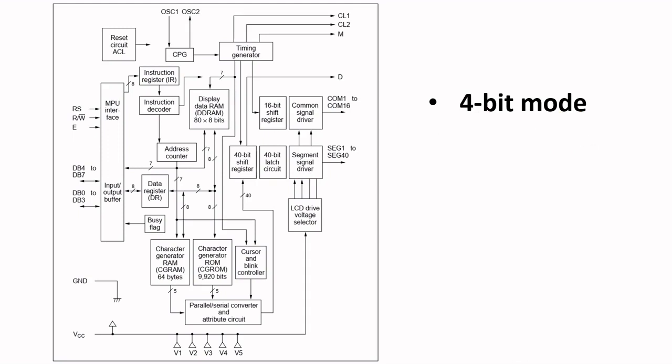In our case, we are operating in 4-bit mode, so we're only using these 4 bits here. In 4-bit mode, we only need 4 I/O pins. If you operate in 8-bit mode, you would require 8 I/O pins.